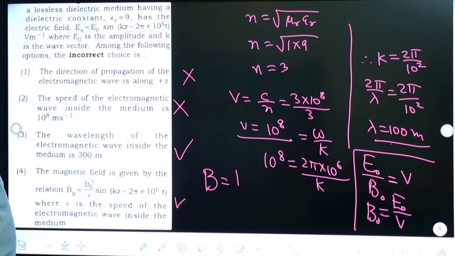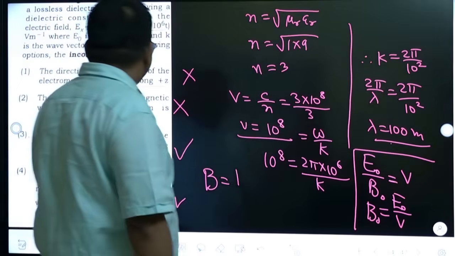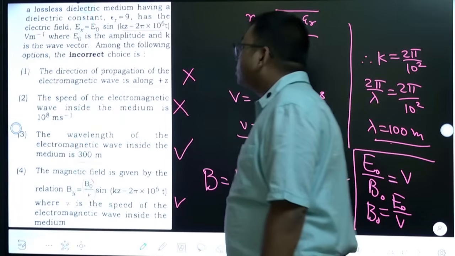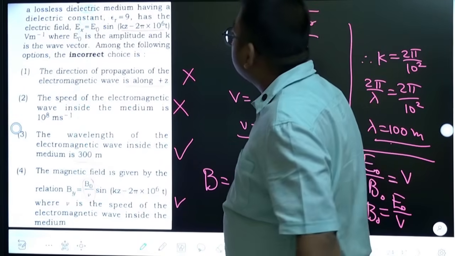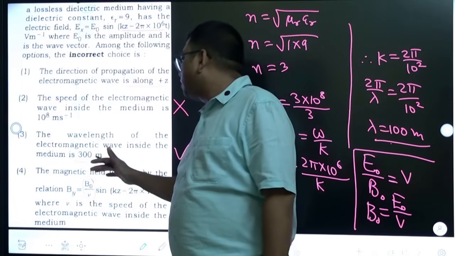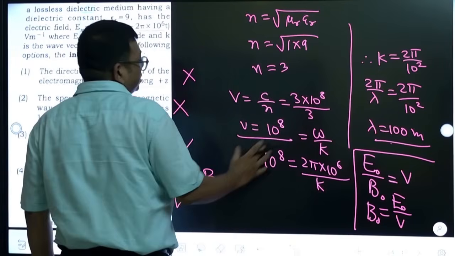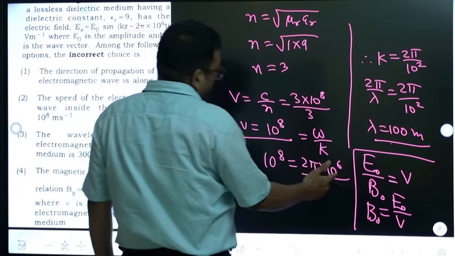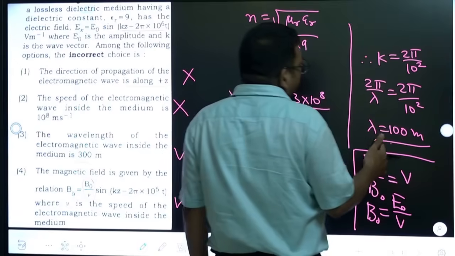Then confused, right? No confusion. This is what it is. So two options are coming for this also, right? Check this. The incorrect choice we have to choose. We have checked the wavelength of the electromagnetic wave inside the medium. Once speed comes, speed is omega by k. Omega they have given, k we calculated, k is 2 pi by lambda.